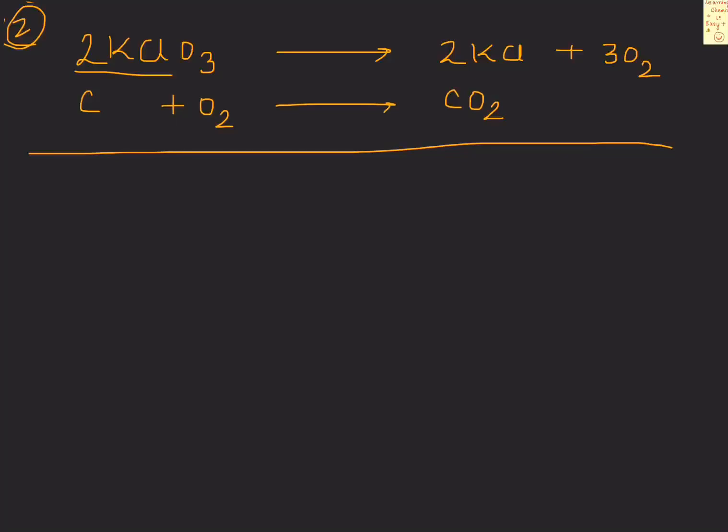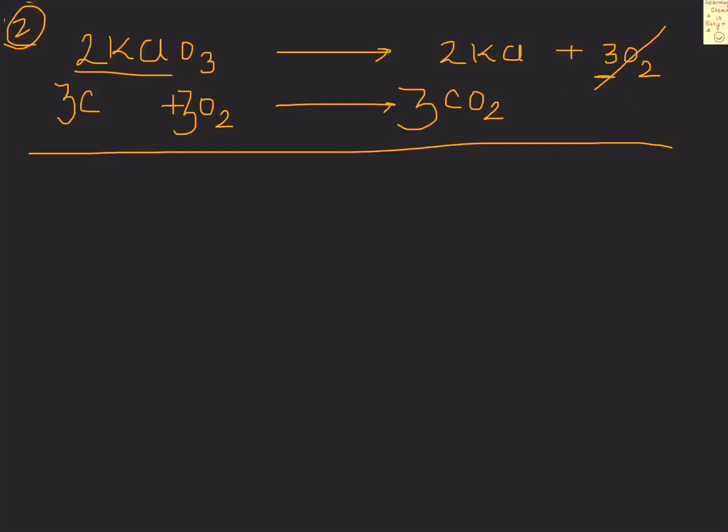Now, the oxygen being produced in the first equation is being used up in the second equation, right? So, 3 oxygen being formed in the first equation means I need to multiply the second equation by 3, or you could also write it as 3 carbon, 3 oxygen, 3 CO2 if you don't want to get confused with this.